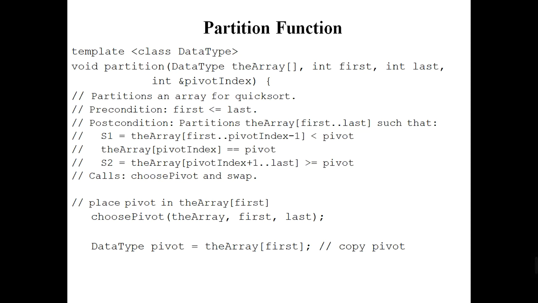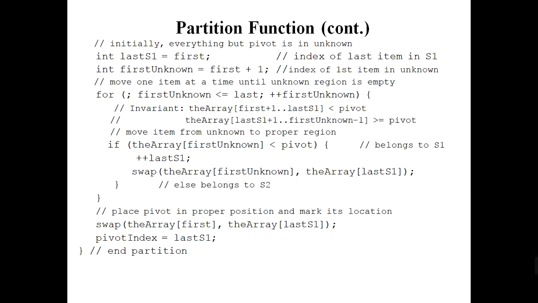Choose a pivot element, then swap. Next, place the pivot in the array first. Then declare the pivot, copying the array of first into pivot, as part of the partitioning function.